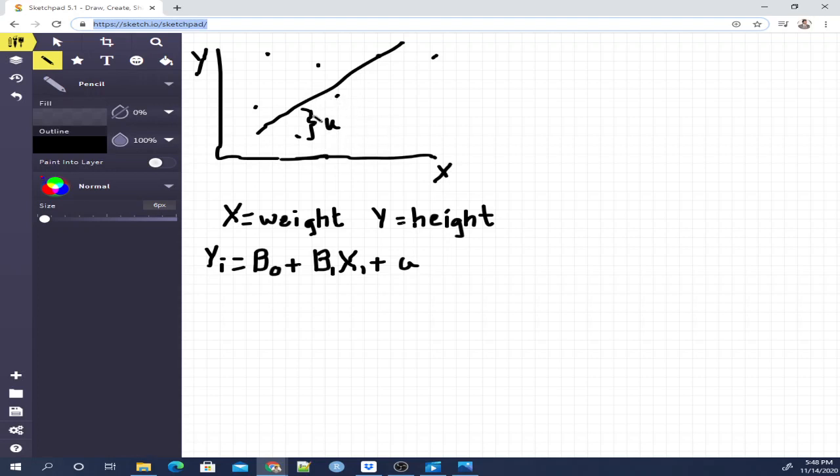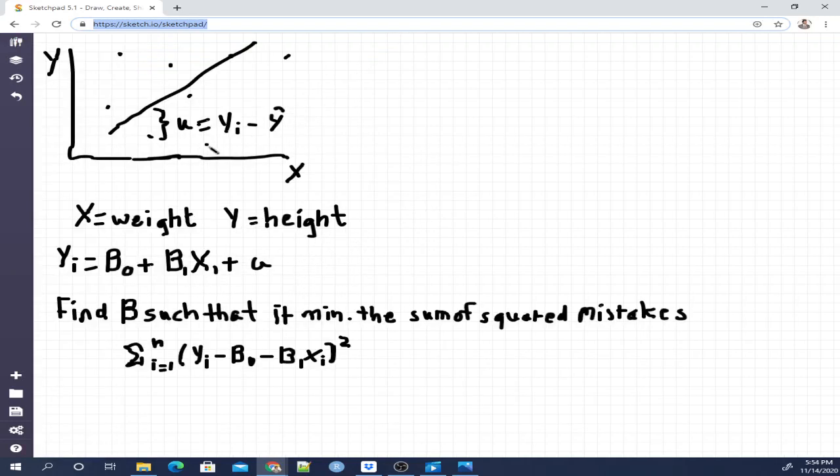So that's going to be the distance between the actual value and what you would predict the value is based on this equation right here. The formula for ui is going to be yi, the actual value, minus y hat, the predicted value.